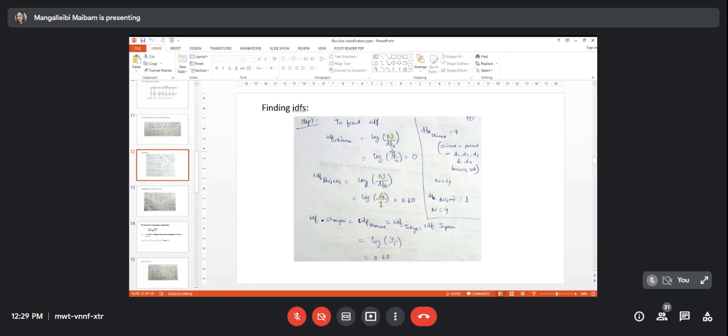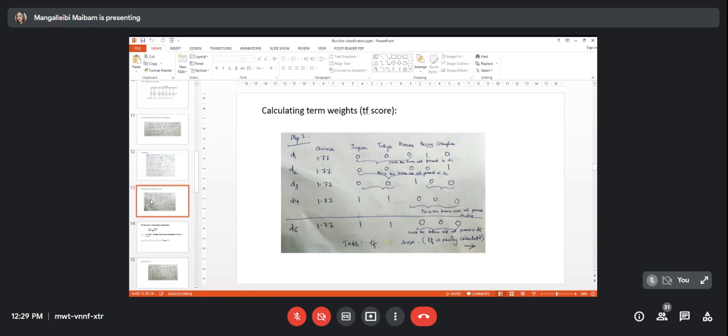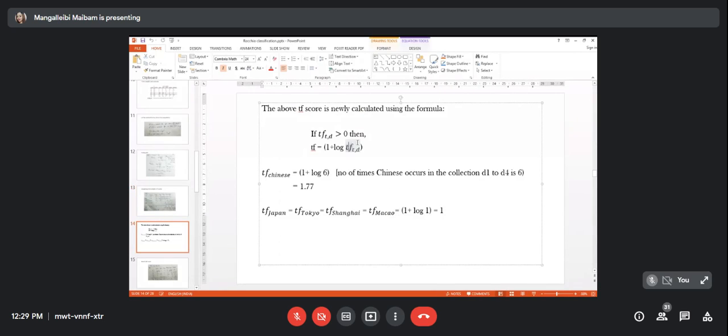So we count the number of documents in which that particular term occurs. After finding the IDF, we are going to find the new TF score using the formula given here. If our term frequency is greater than 0, then we use this formula for updating the TF score. Otherwise, if it is equal to 0, then no need to update the TF score.